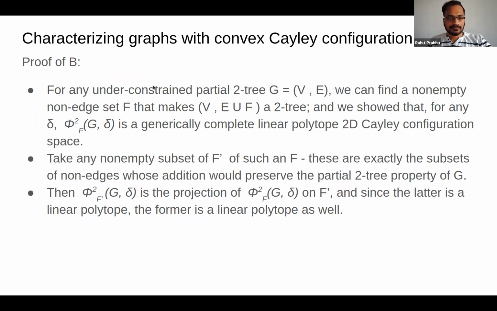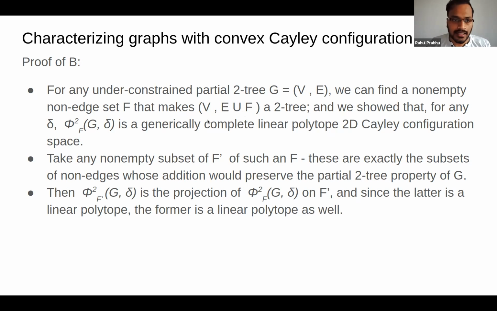For any under constraint partial two tree, we can again find a set of non-edges that make it a two tree. And we have shown that when we make this a two tree, it becomes generically complete, and the Cayley configuration space is a linear polytope. So we can take any non-empty subset F dash of such an F.